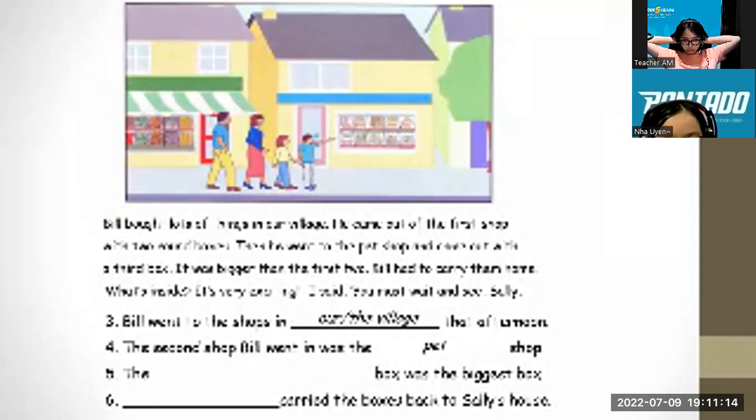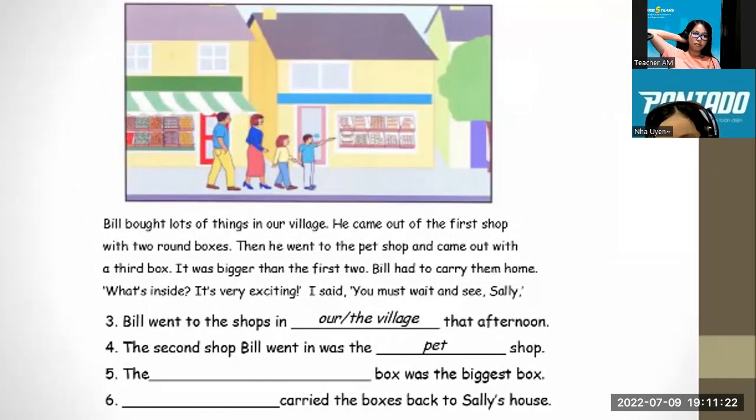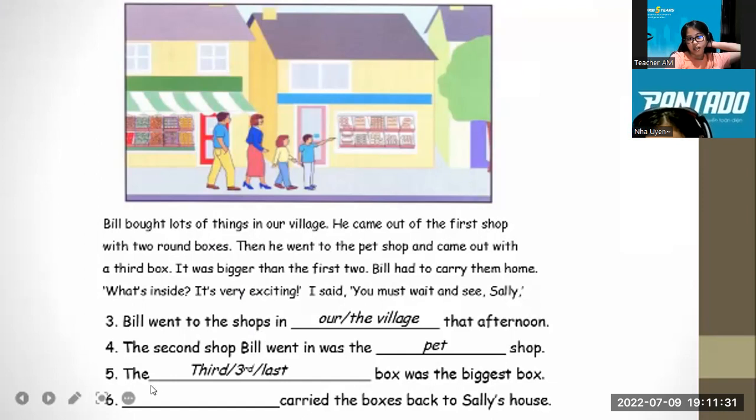The first box was the biggest box. Third. Are you sure? Yeah. Okay, so the third box was the biggest box. How about number 6, Uyen?